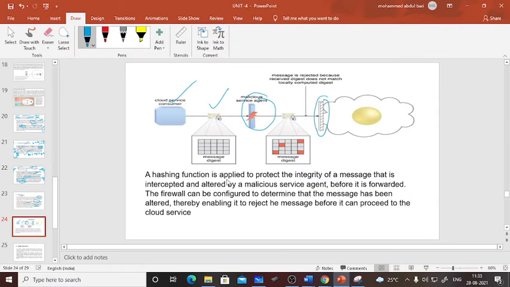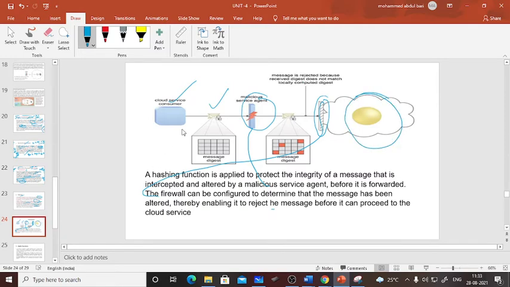A hashing function is applied to protect the integrity of a message that is intercepted and altered by the malicious service agent, before it is forwarded. The firewall can be configured to determine that the message has been altered, thereby rejecting it before it proceeds to the cloud services.